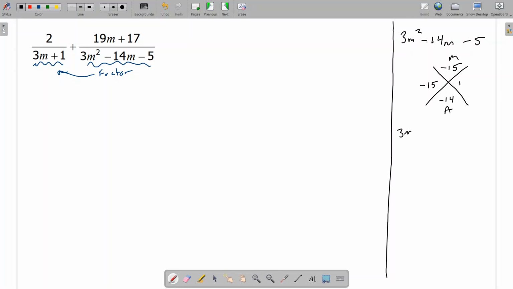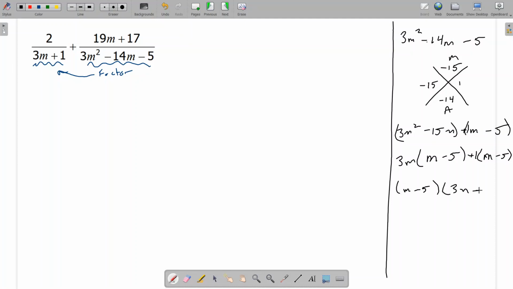So let's see here. If we factor by grouping, we're going to get m minus 5 times 3m plus 1.